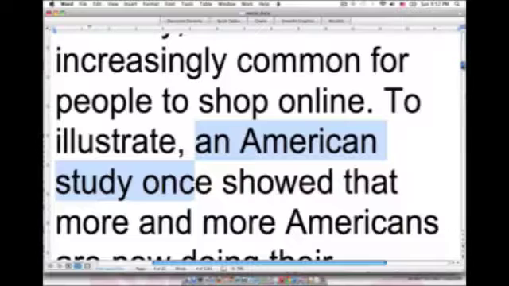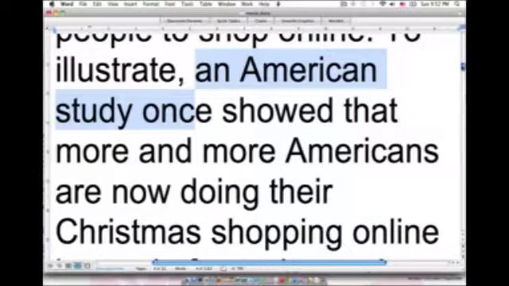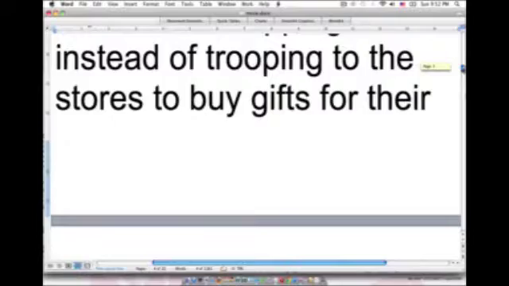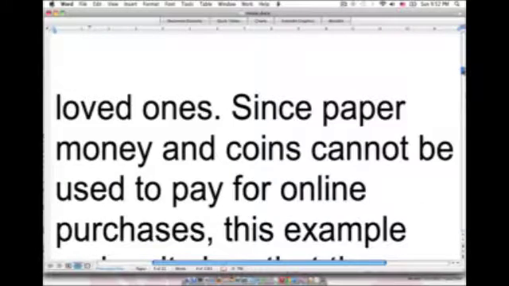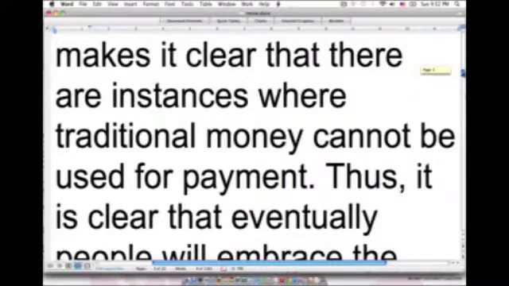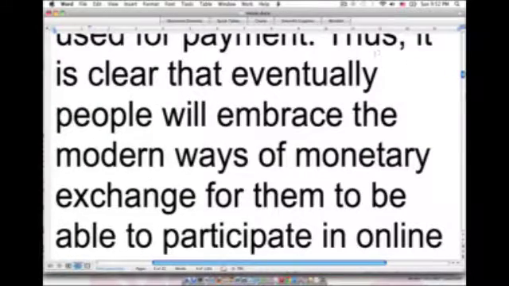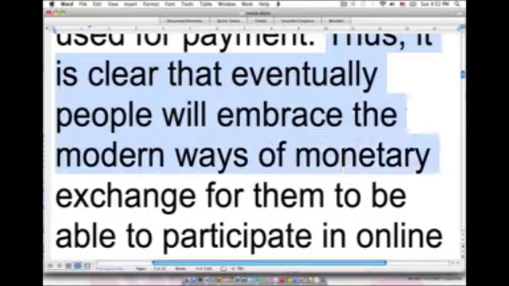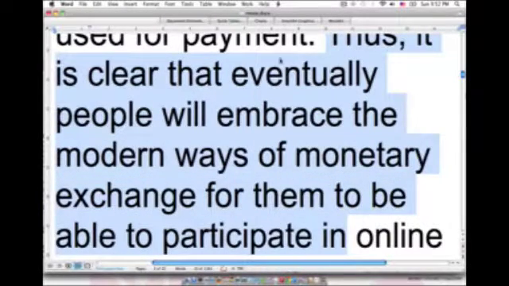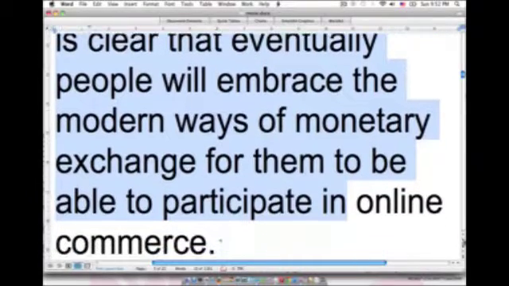If you're new to essay writing, please take note during this video. At the end of each of the supporting paragraphs, the student references their thesis. Let's take a look. Now this is the end of the first supporting paragraph. Okay, let's read it. "Thus, it is clear that eventually people will embrace the modern ways of monetary exchange for them to be able to participate in online commerce."